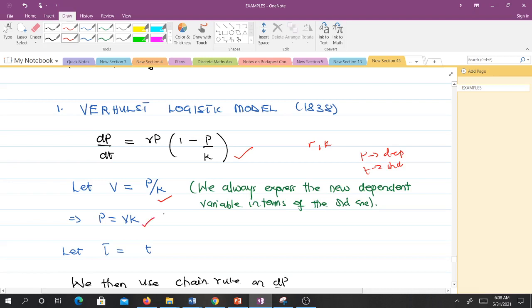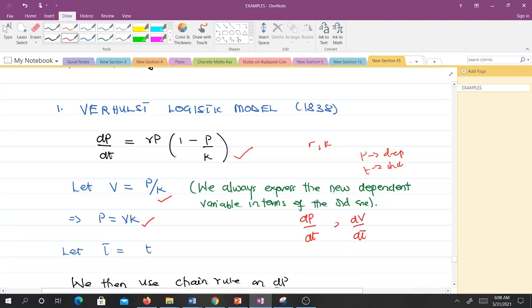That's well understood, right? Then I also want to create a new independent variable called tau, and I have to also express that one in terms of the old one, which was called t. So I say let tau equal t. So when I have this, that means that now I'm going to change everything from p and t to v and tau.